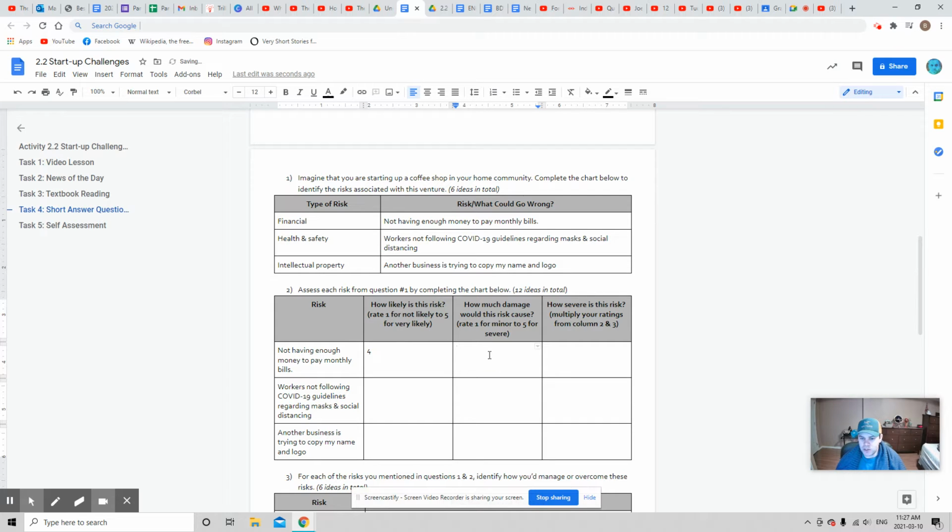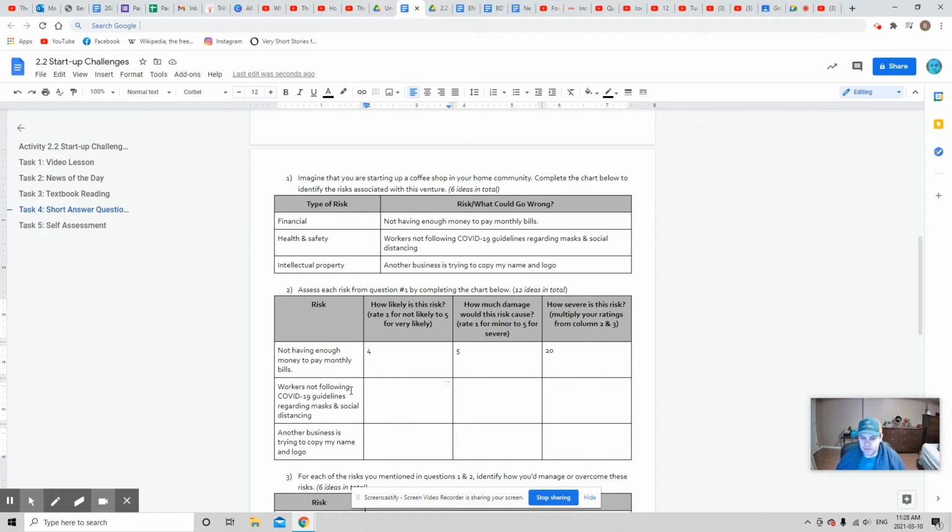How much damage could this risk cause? I'd say 5. Can't pay your bills, you can't operate your business. And then how severe is this risk? So you simply multiply these 2 numbers together. 4 times 5 equals 20. So 25 is the max, meaning that's something that is very likely to happen and can cause a lot of damage. And that will be your max severity.